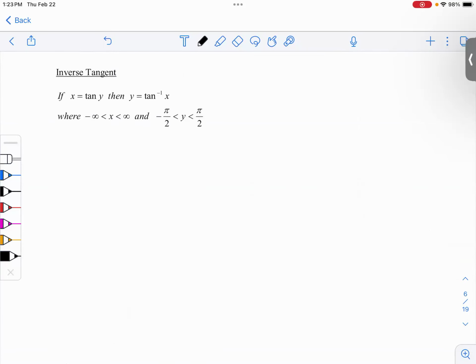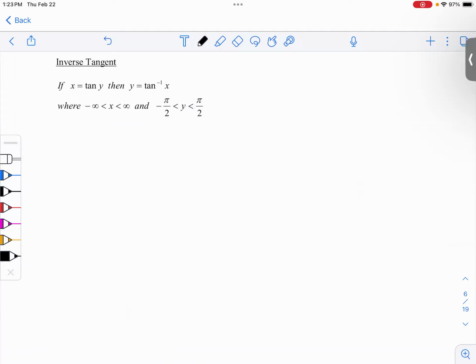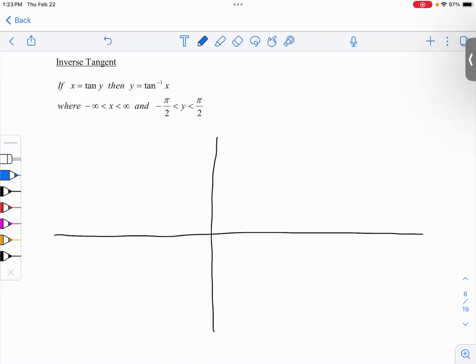Similarly, let's do the tangent inverse graph. And the good news, tangent is probably the easiest one, because the tangent graph is one of the easiest graphs that exist for trig functions.